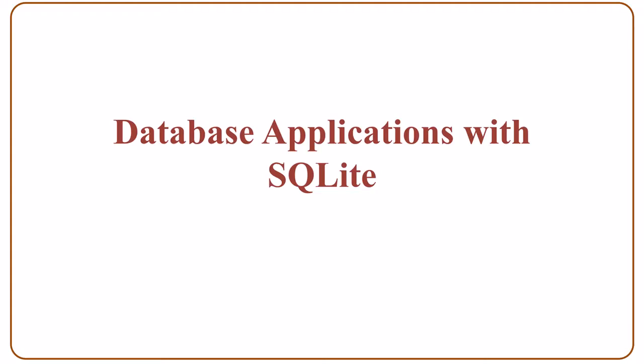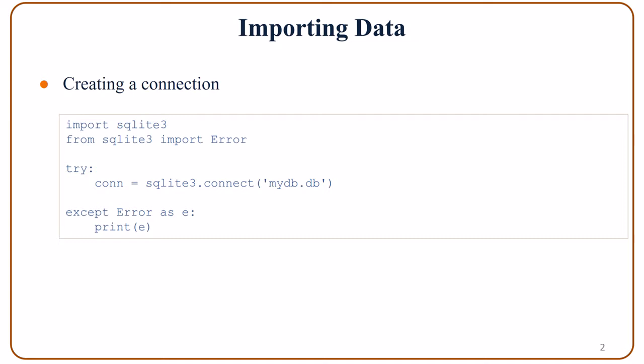In this video, we talk about database applications with SQLite, which is a package of Python. So the first thing to work with a database is to create a connection using the sqlite3 package.